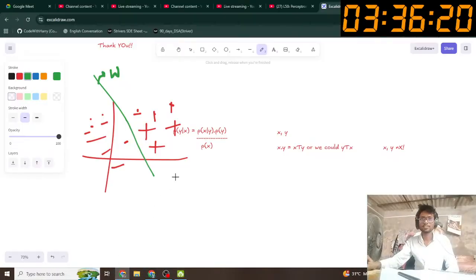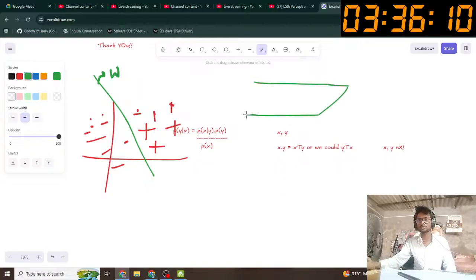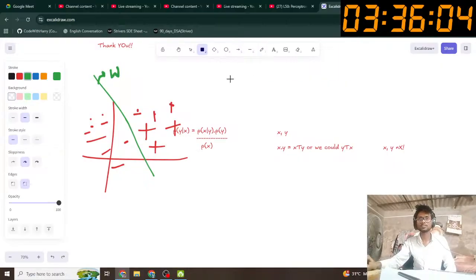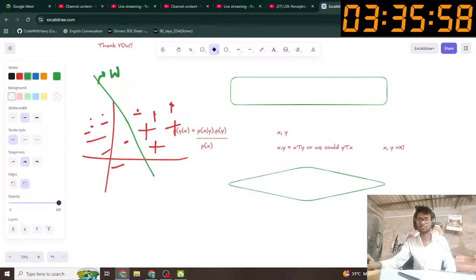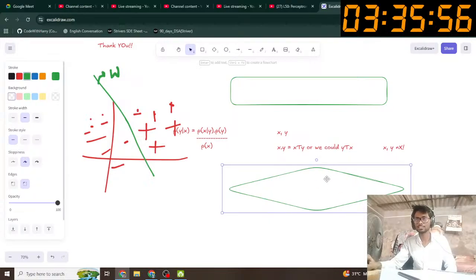Okay, so I need to discuss a point. Let's say for a linear space, in linear algebra we have seen that if there is a linear space, let's say this is a plane, right?